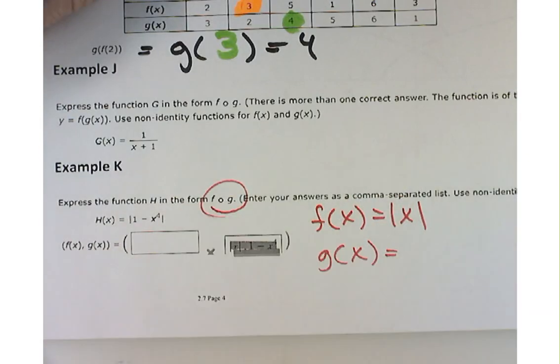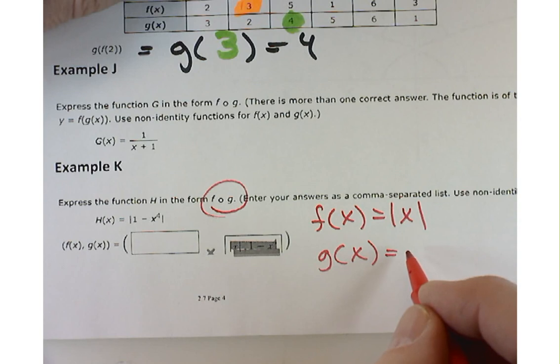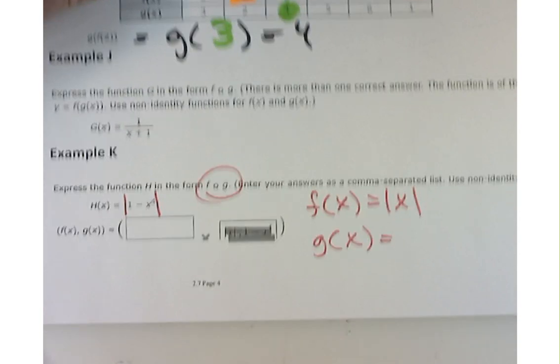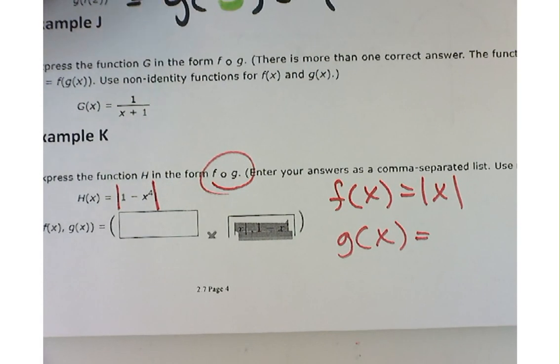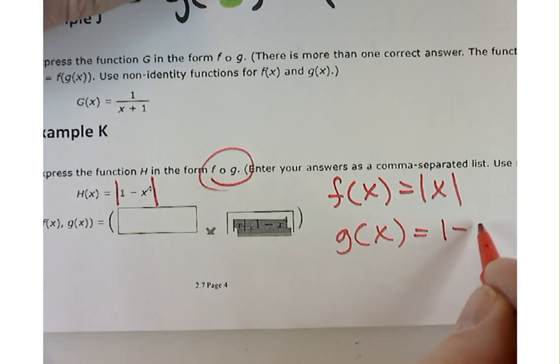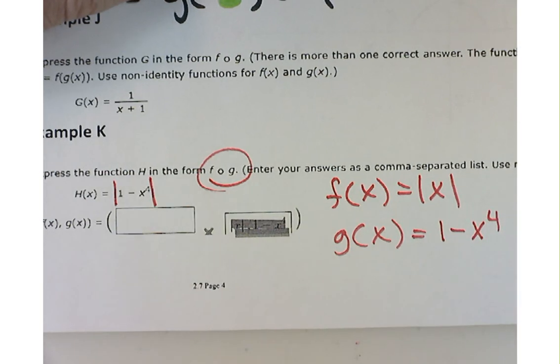Once you get past the absolute value, what's left? What's inside the absolute value? 1 minus x to the 4th.